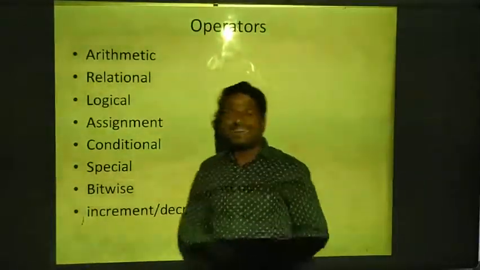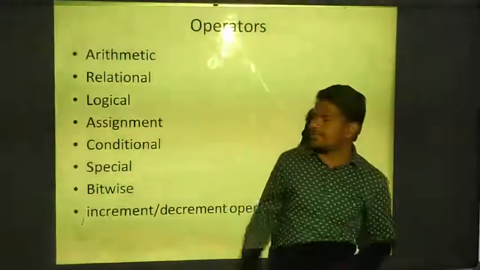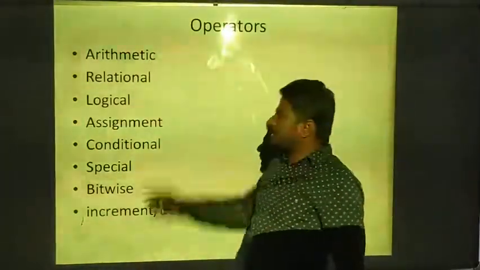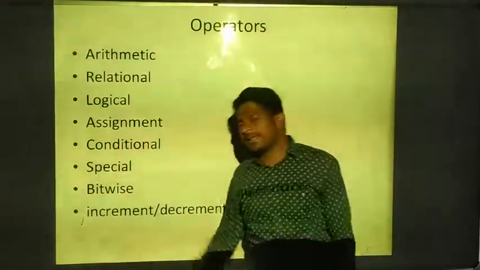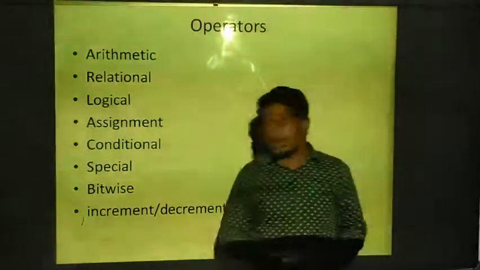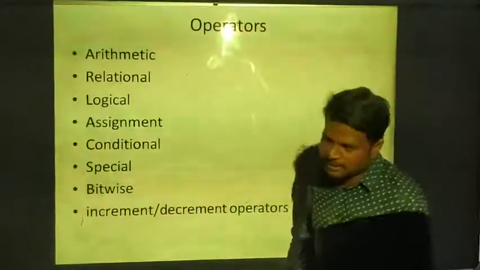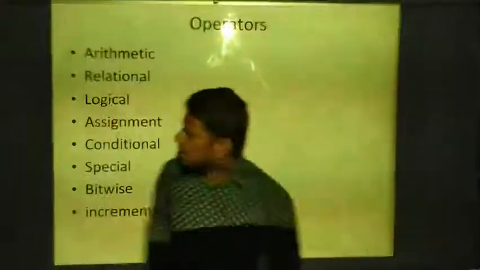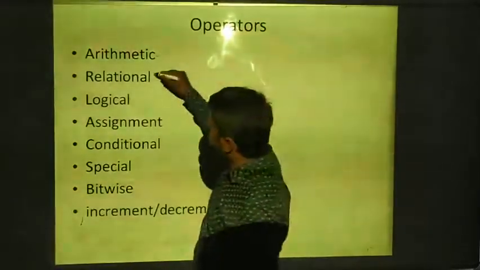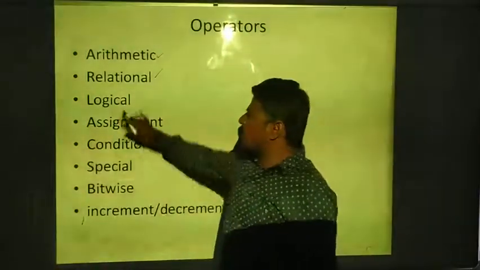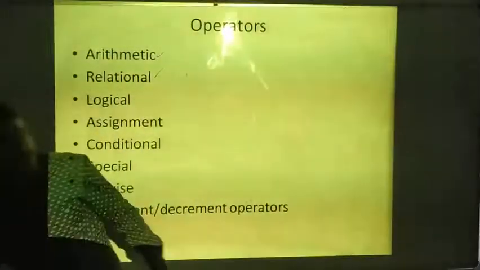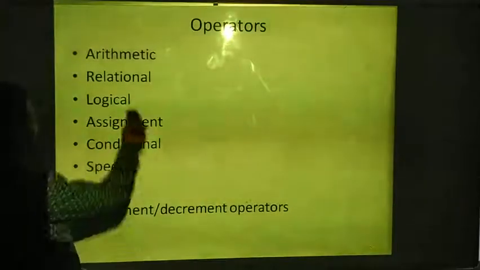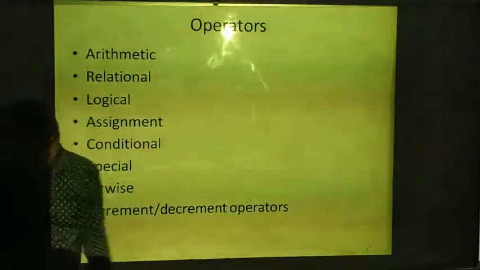There are 8 types of operators: arithmetic, relational, logical, assignment, conditional, special, bitwise, and increment and decrement operators. We have completed the first two. Today in this class we will discuss logical and assignment operators.